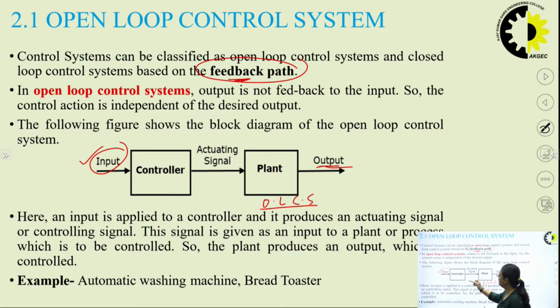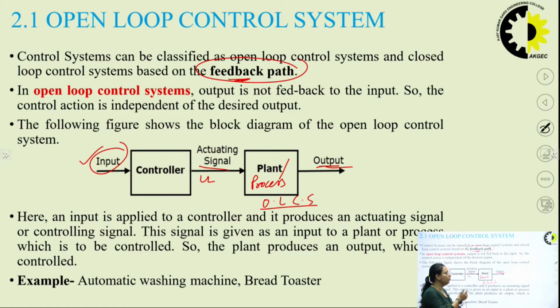Here you can see we have applied the reference input to the controller, and this produces an actuating signal, or the controlling action, which is required for the process or plant. This signal is applied to the process or plant, which needs to be controlled, and the plant will now provide the output of the system, the actual response of the system.